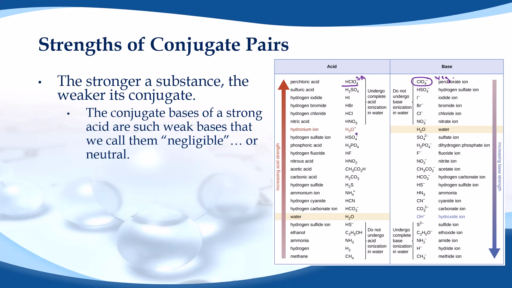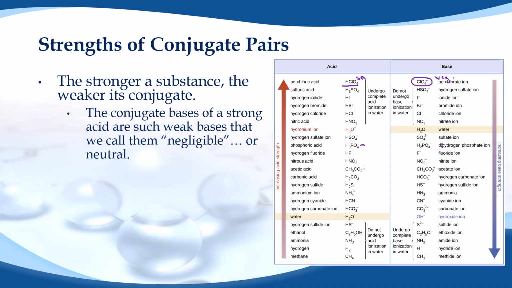Now, if we move down the table a little bit, if we look at, for example, phosphoric acid. Phosphoric acid is a moderately strong acid, right? It's relatively high on the acid strength list. Its conjugate base, which is dihydrogen phosphate, taking away one of the protons, is a fairly weak base.